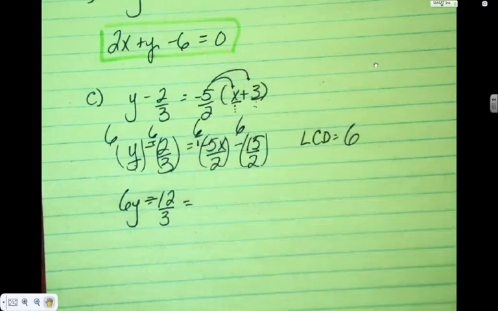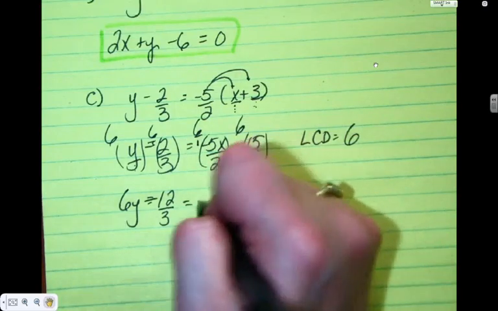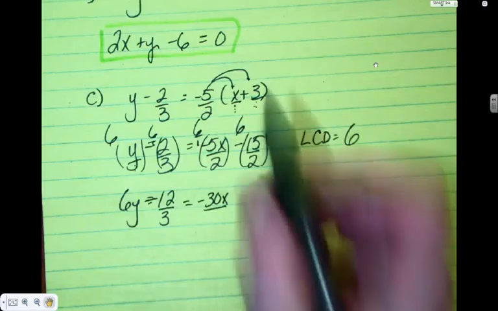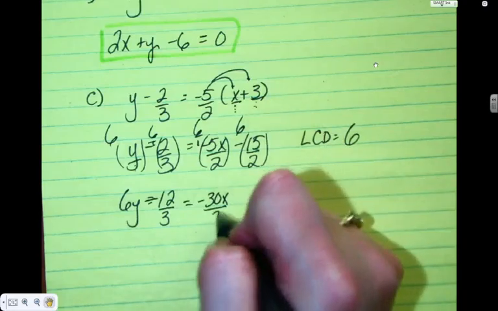Same thing here, we've got imaginary 1 on the bottom. So the top is 6 times negative 5x, which is negative 30x. 1 times 2 is 2.